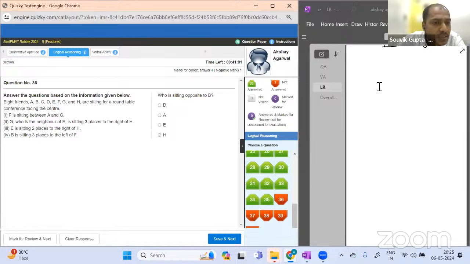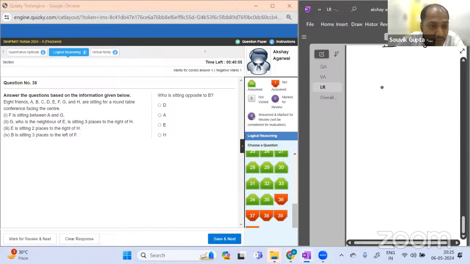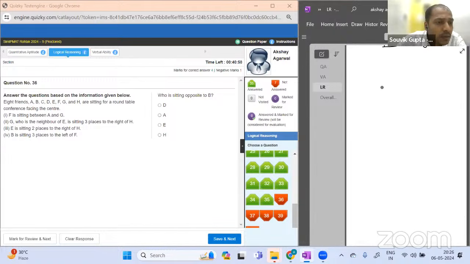8 friends A, B, C, D, E, F, G, H are sitting around a round table conference facing the center. F is sitting between A and G. G, who is the neighbor of E, is sitting 3 places to the right of H. So, clockwise is left, anti-clockwise is right.